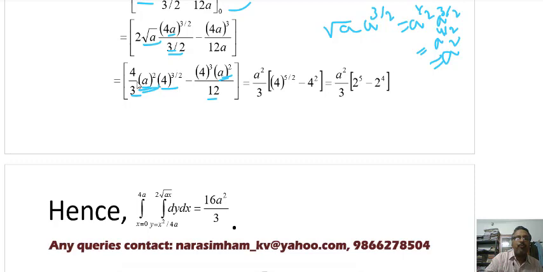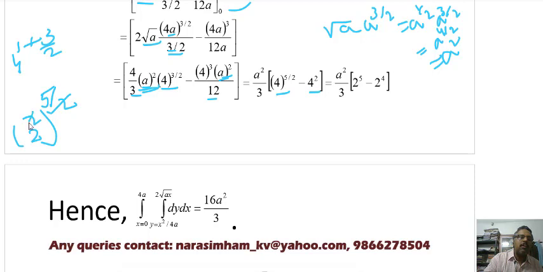Remaining terms: 4 power 1 into 4 power 3 by 2 is 4 power 5 by 2. Here 4 cube by 4, the 4s cancel. So 4 square. 4 power 5 by 2 can be written as 2 square whole power 5 by 2.